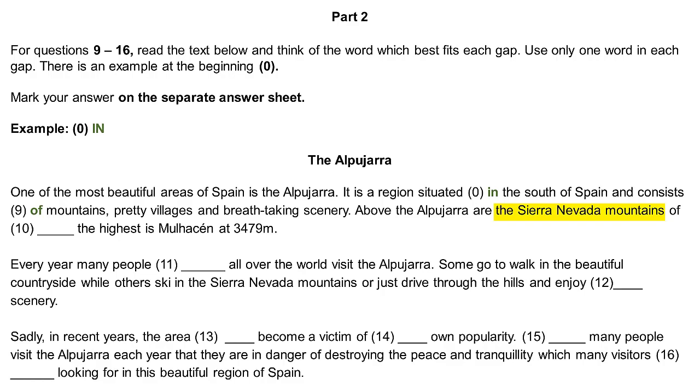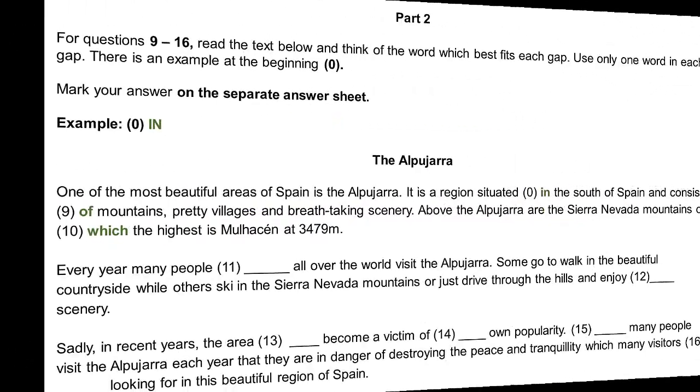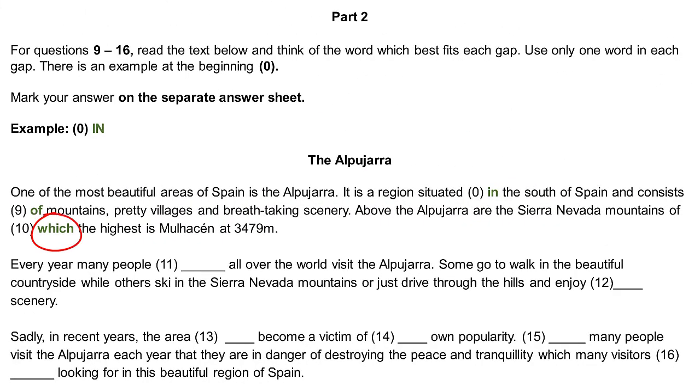Above the Alpujarra are the Sierra Nevada mountains, of which the highest mountain is Malhacén at 3,479 meters. Okay, now you continue and finish the exercise.